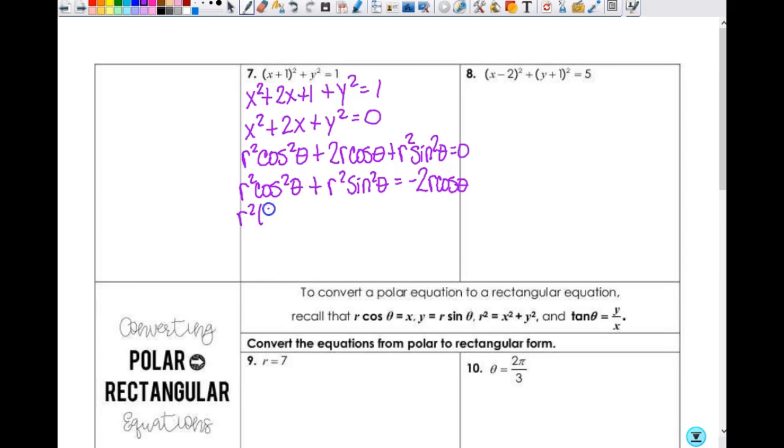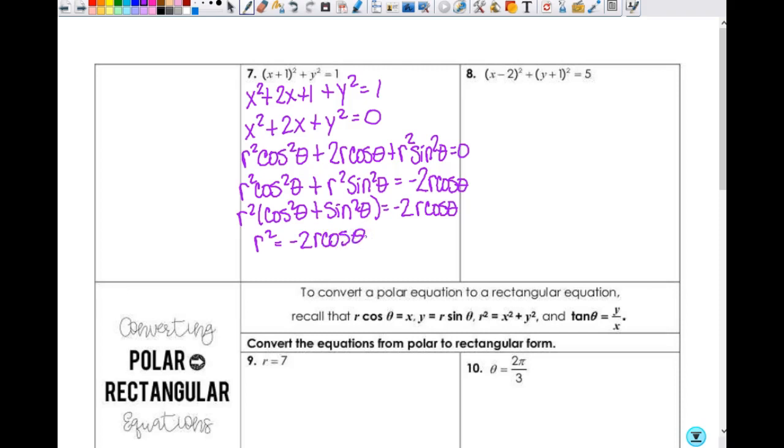So r squared times cosine squared theta plus sine squared theta equals negative 2r cosine theta. So here I have cosine squared plus sine squared. What does that give me? 1. So I have r squared equals negative 2r cosine theta.